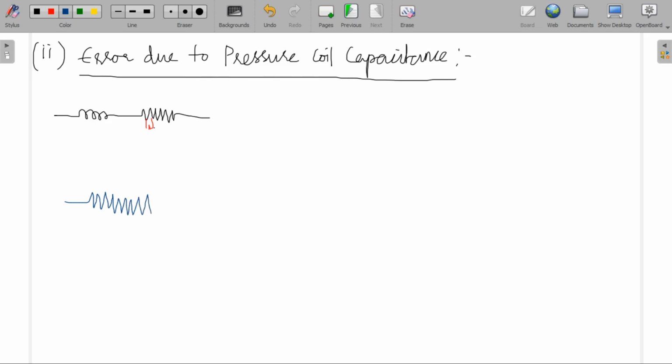Capacitance exists between any two turns of this series resistance. Again, between these two turns, again capacitance, so you're going to have capacitance like this. This is the error due to interturn capacitance, the capacitance between any two turns of the resistance.